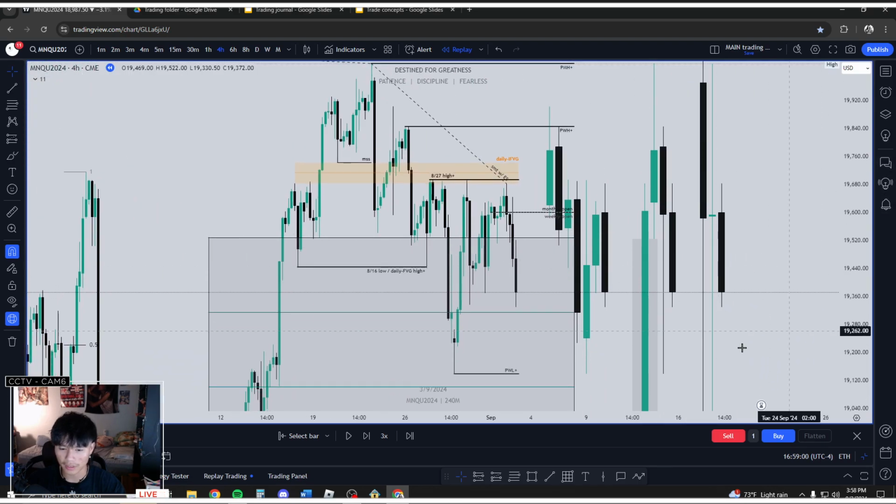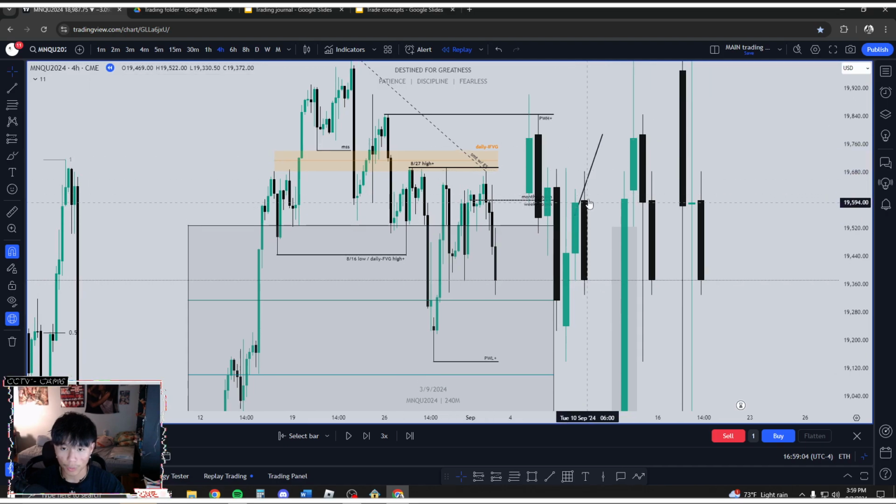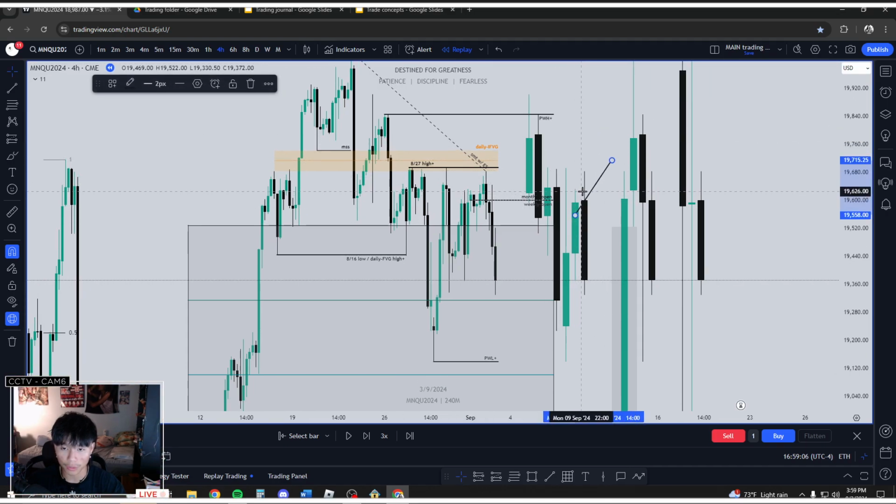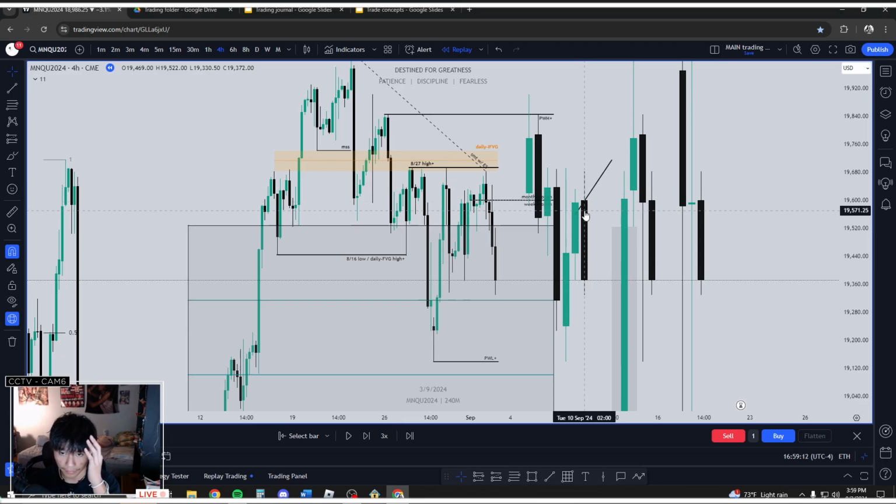Let's go back a little bit. Based on this daily candle right here, I wanted today's candle to take out the previous day high. Based on its power of 3, you can anticipate the previous day high to be taken.